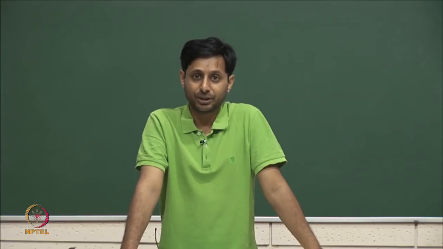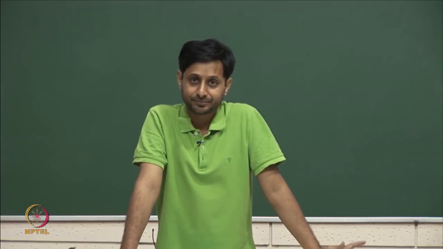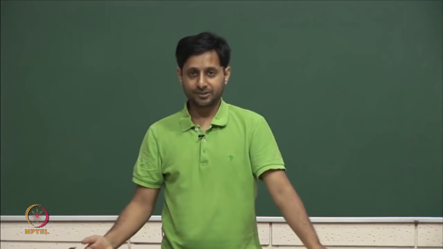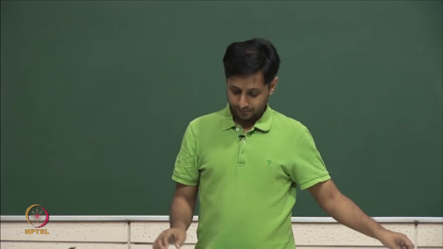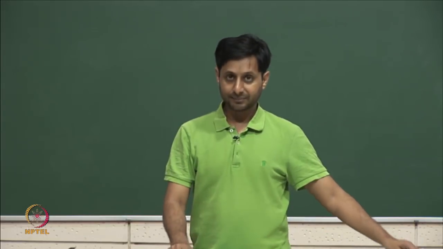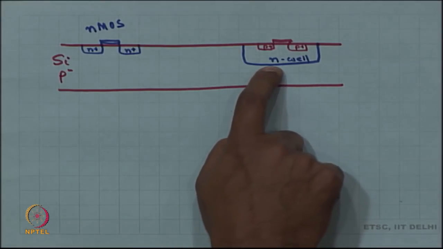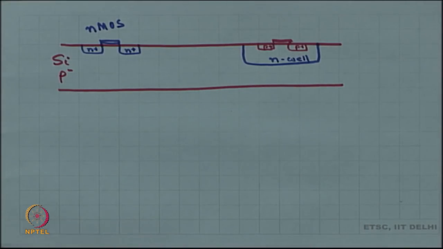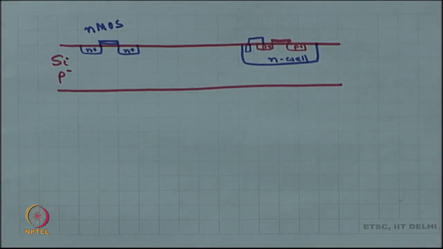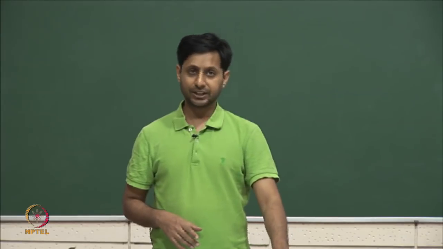This is the first time the body actually shows up and plays an active role in your circuit analysis. We also saw how sometimes you might be able to mitigate the body effect by connecting the body to the source externally, right, and that you can do only in case of a PMOS, not in an NMOS.